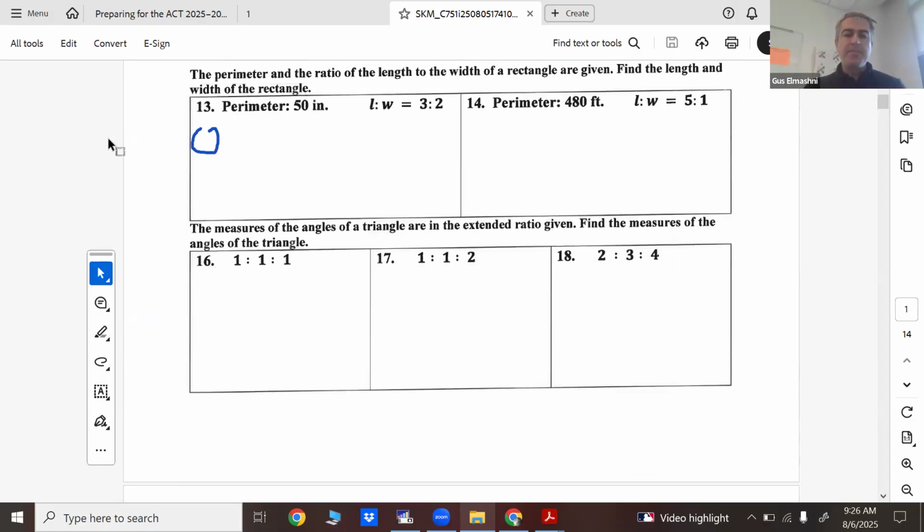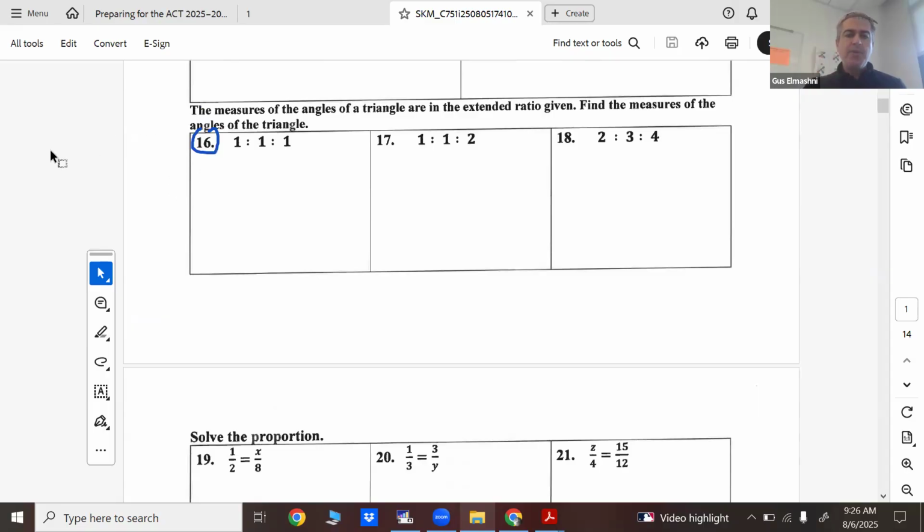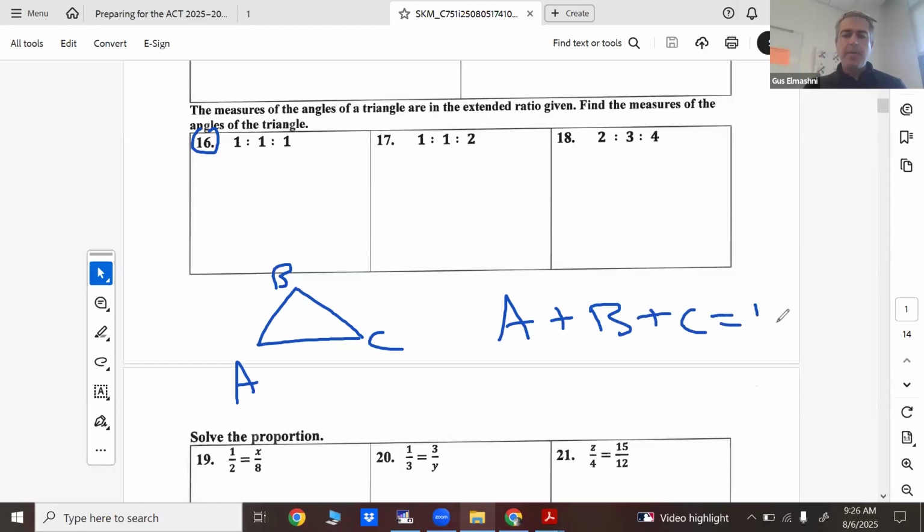Number 16. First of all, let's draw a triangle. Just a general triangle like this, right? We'll call it angles A, B, and C. What do all the angles have to add up to? Correct. Very good. Now let me show you a little strategy you can use here.